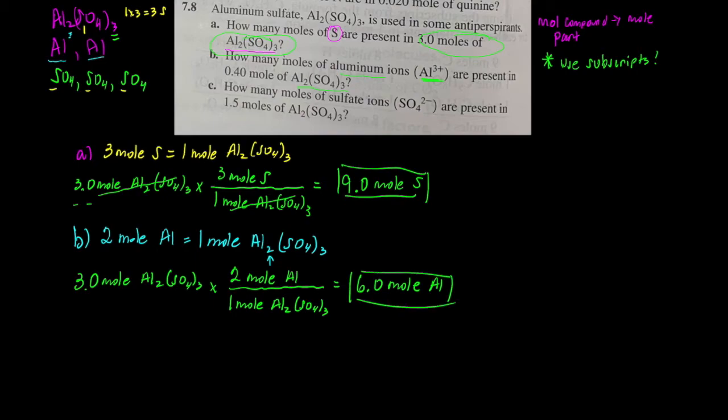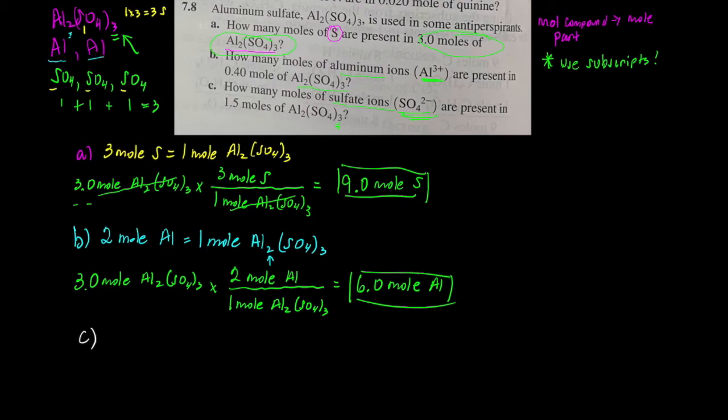All right. How about in part C? We're interested in the sulfate ions, okay? Sulfate is a polyatomic ion that's part of this formula. And there's 1, 2, 3 total sulfates. And that comes from the subscript 3. Okay, there's a 3 here, which means there's 3 sulfates. So we want to set up an equivalency.